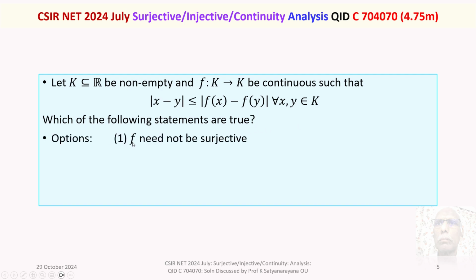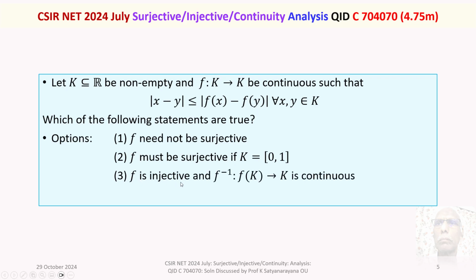Option 1: f need not be surjective, means not onto. Option 2: f must be surjective if K is the closed interval 0, 1. Option 3: f is injective, injective means 1 to 1, and f inverse from f of K to K is continuous.